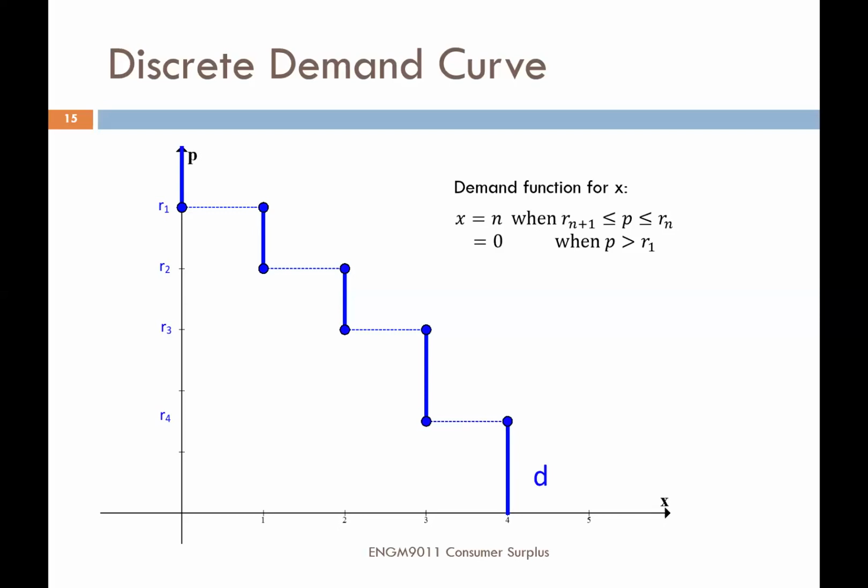When the price is between R2 and R3, quantity demanded is 2. Prices between R3 and R4, quantity demanded is 3, and so on and so forth. And then, of course, if the price is greater than R1, quantity demanded is 0. So that represents the demand function. It's discrete demand, so it's not continuous because we can't consume fractional components of X here.